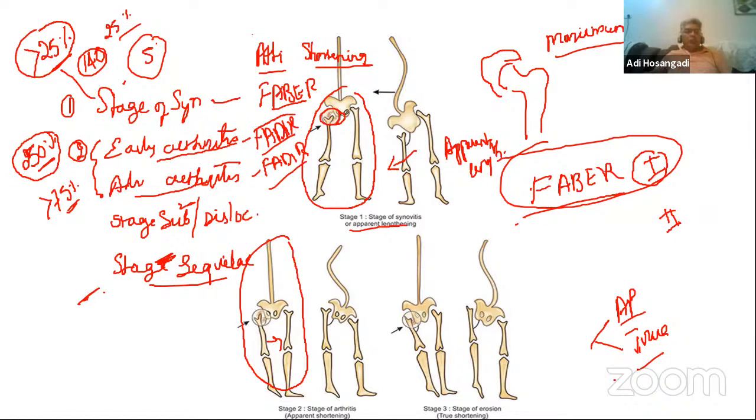And in early arthritis, shortening is less than 1 centimeter, while in advanced arthritis shortening is more than 1 centimeter. Both have flexion, adduction, internal rotation. Of course, in the stage of subluxation and dislocation, the attitude can be anything depending upon the direction of the dislocation.